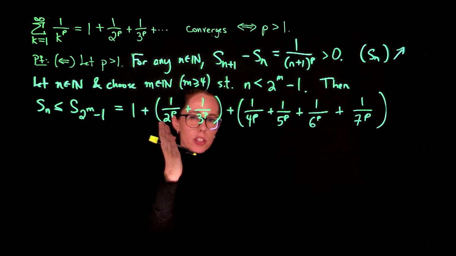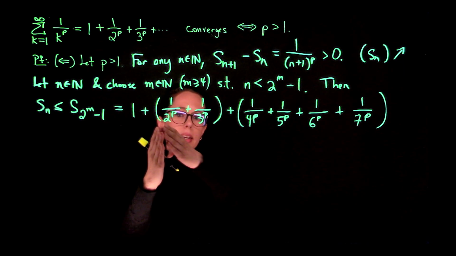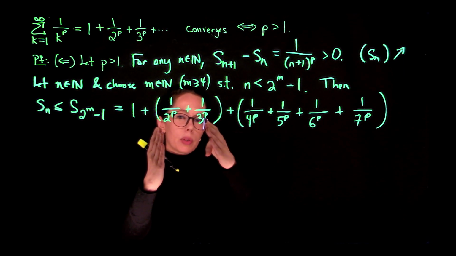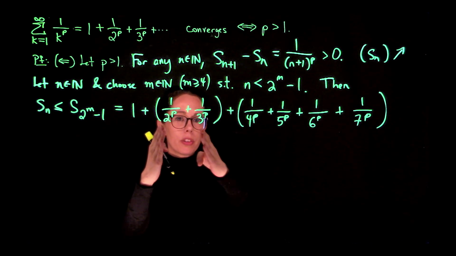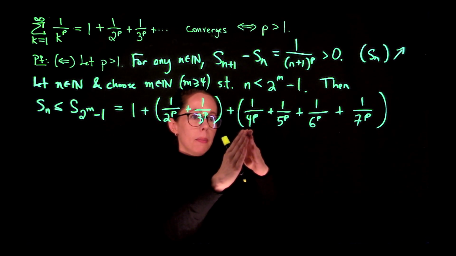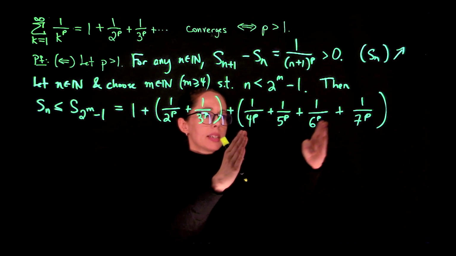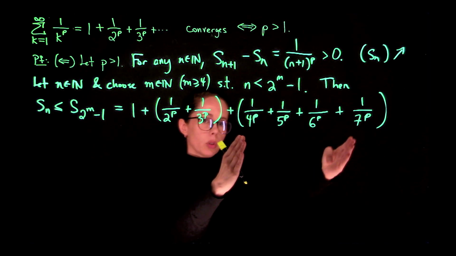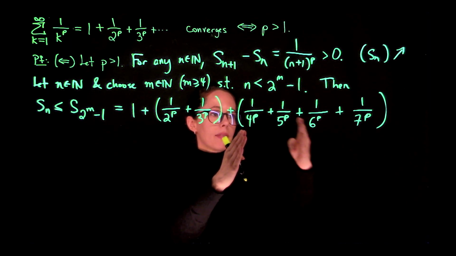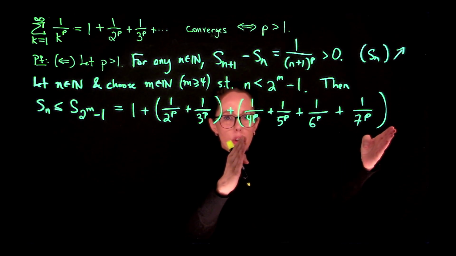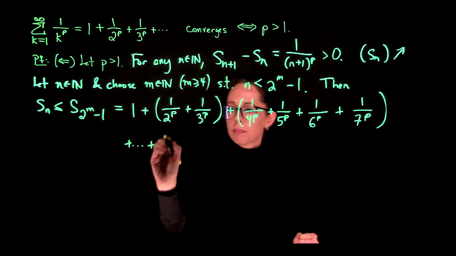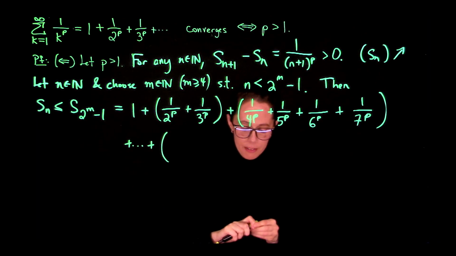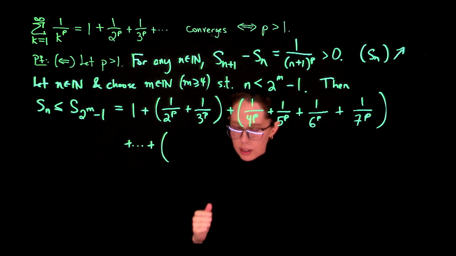So here it's like I started at 2, and I went up until I was just before the next 2 power. It's hard to see with just 2 groupings, but I have 2 and 3, and then here's a 2 power. I want to collect terms until I get to the next 2 power. We'll stop just before that. So 4, 5, 6, 7, because the next 2 power is 8. And then we imagine that we keep doing that until, let's see, what would our final 2 power look like?